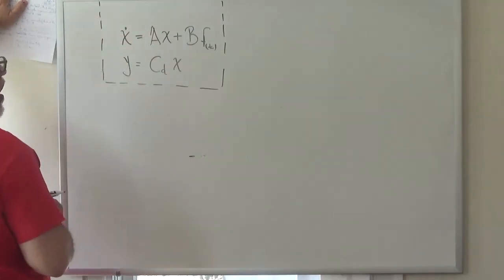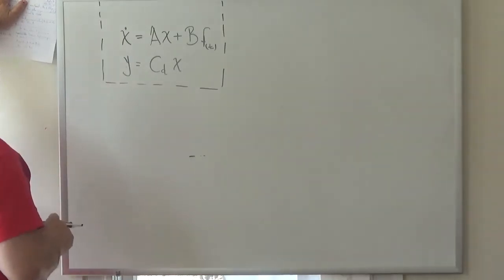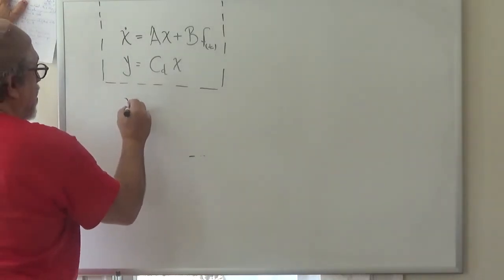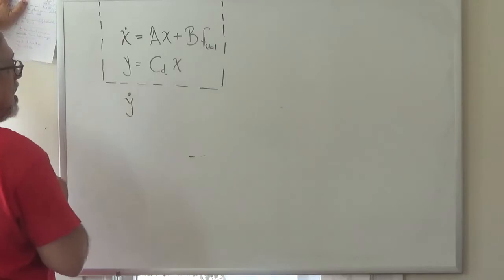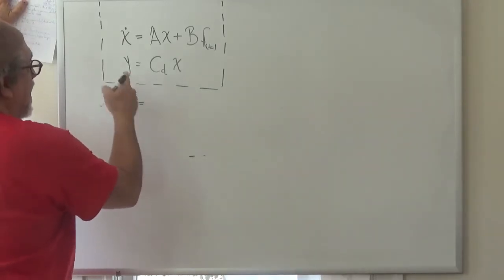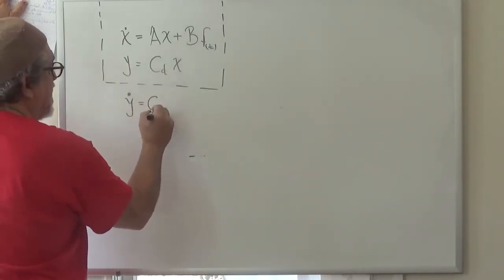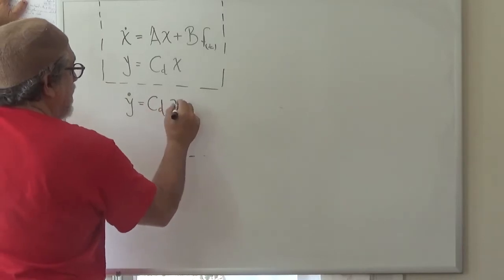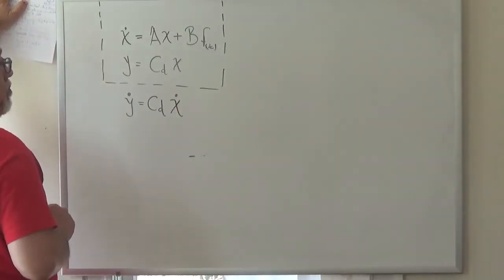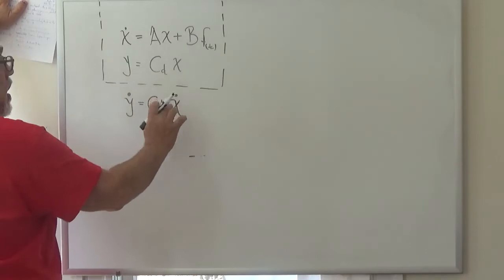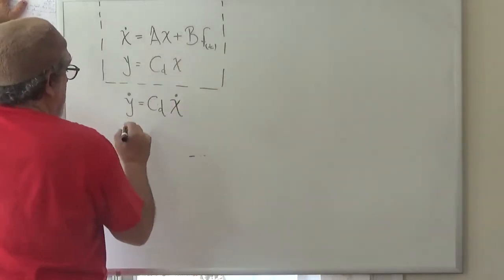Then if you measured velocities, you would have measured the derivative of this y, right? So clearly you can say that if you measured velocities, you would have measured the derivative of that y, and so that would have been CD times the derivative of the state, right? Clear enough? But we know what the derivative of the state is.